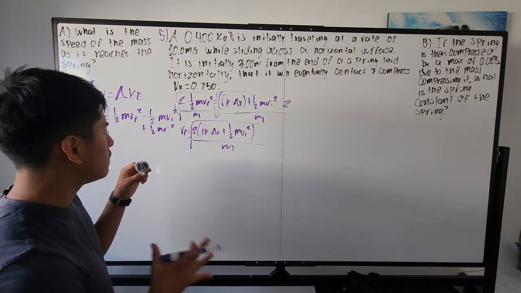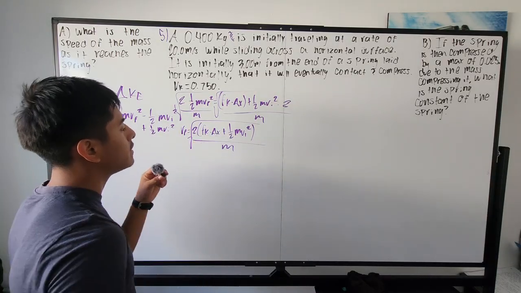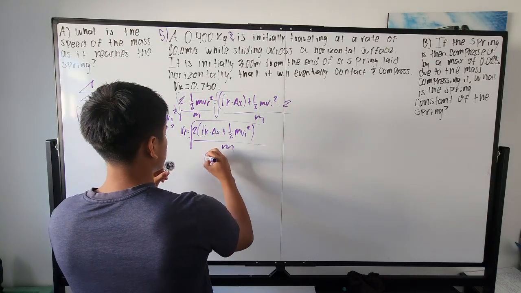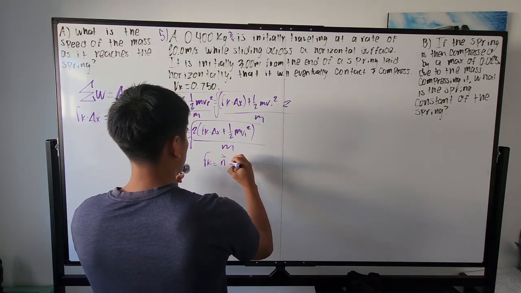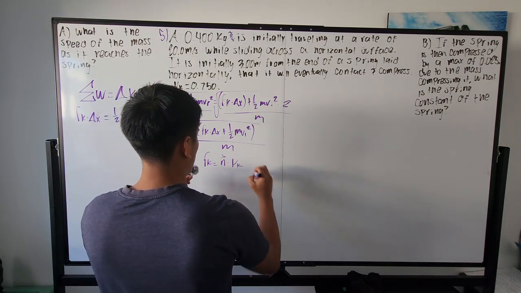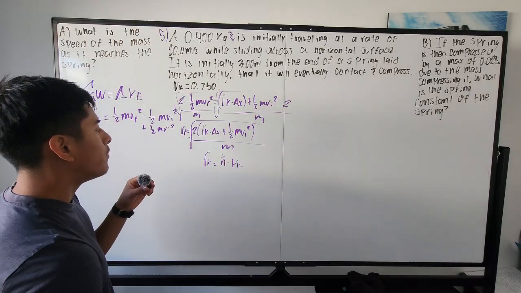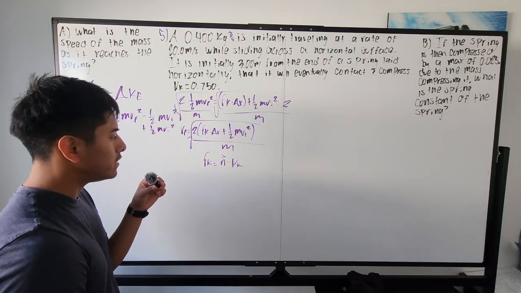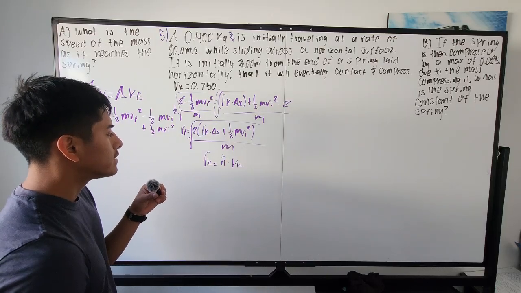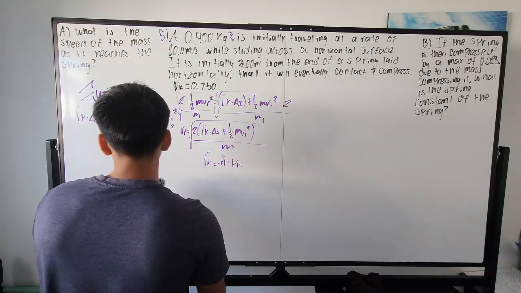Now, this is how it's going to look, but we have to be careful with this force of kinetic friction, because the force of kinetic friction is going to be equal to the normal force times mu k. So we can expand that out even more, but also we have to take into account that the force of kinetic friction is opposing the motion. It's stopping the object, so we're going to make it negative.